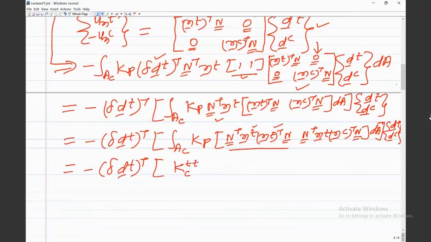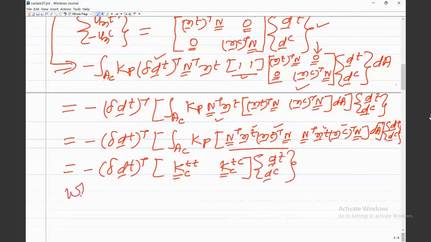As you see, that term is coming over there, and here you see the target and contactor is coming. So we can say this is a matrix, and this is also a contact matrix. Target and contactor are coming into picture. So we can write it like this into dt and dc.